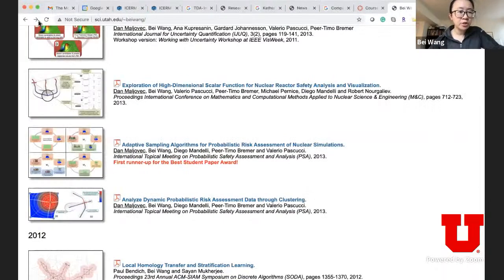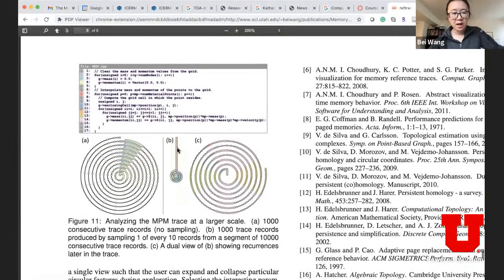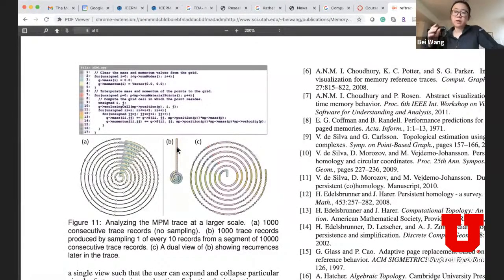Okay. And finally, I want to mention that one thing you have to deal with for this particular project is that the memory reference trace is long, right? If you execute a tiny program, you get a really long memory reference trace. So of course you are dealing with a scalability issue, because you're taking the memory reference trace mapped to a high dimensional point cloud, which might be huge, and then you apply things like persistent homology to it.